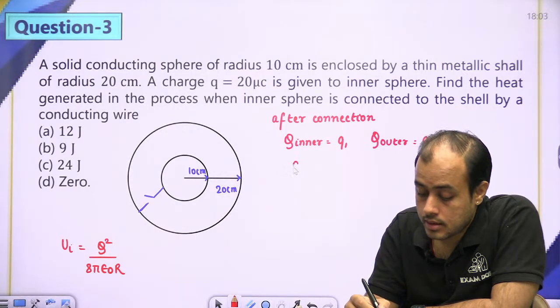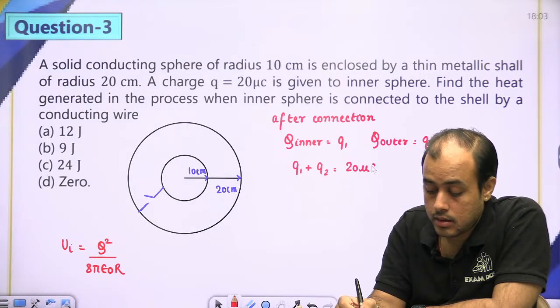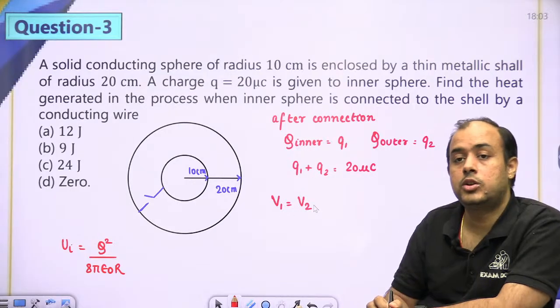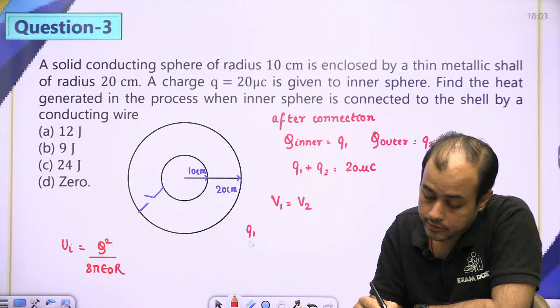ठीक है. Now Q1 plus Q2 will be 20, but the thing is that V1 should be equal to V2. So what is the voltage on the inner sphere?